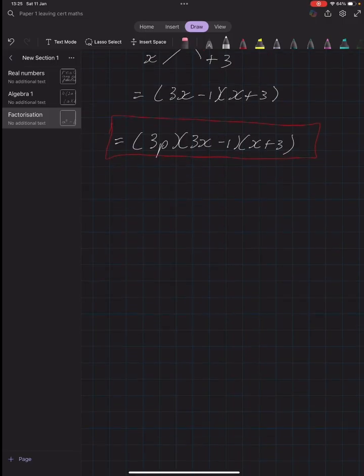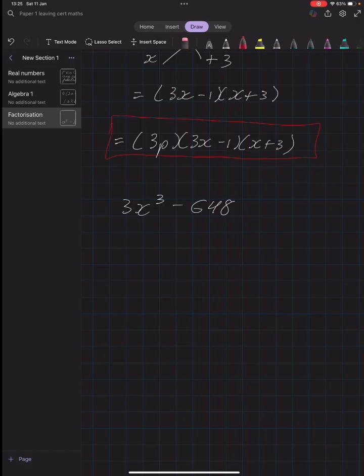Another one, we can do something like this. If we get 3x cubed minus 648.